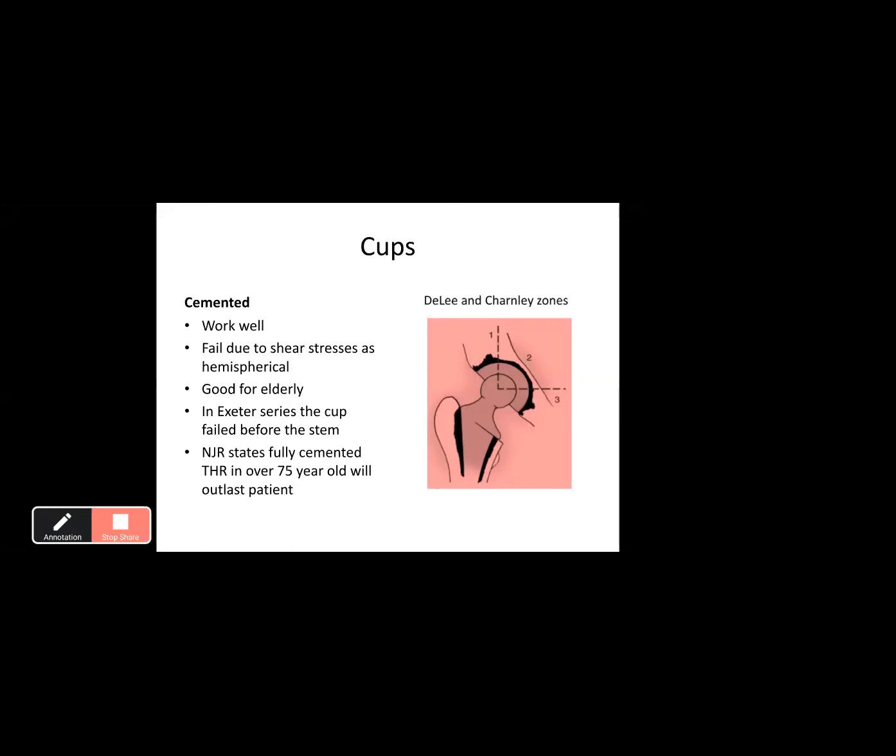If we look at the areas that we want to look for lysis, you look at Charnley-DeLee zones, and there are 3 zones. So you put a dot at the center of rotation of the hip, and then draw a line superiorly, and then 190 degrees, and that divides you into zones 1, 2, and 3.